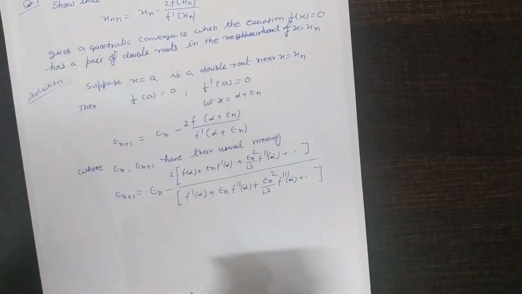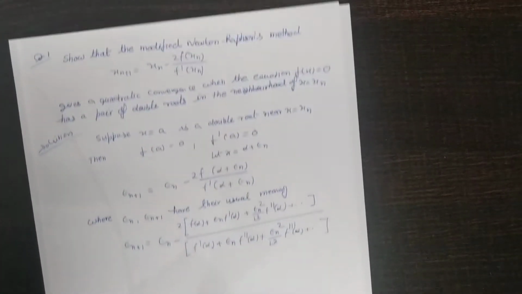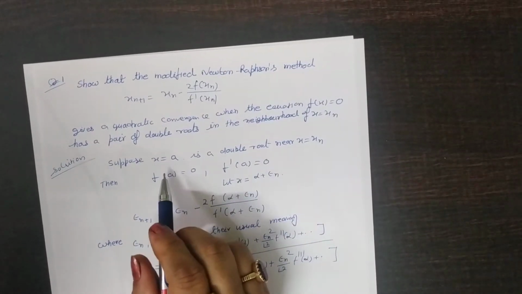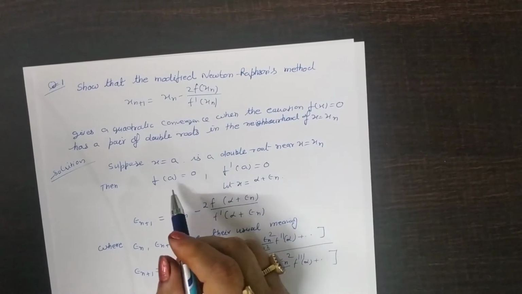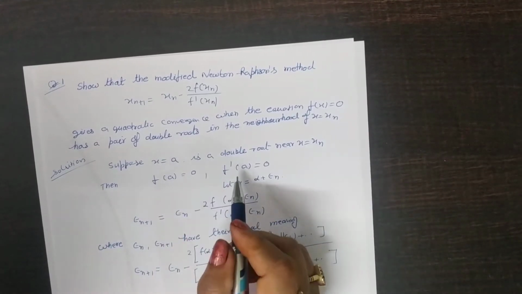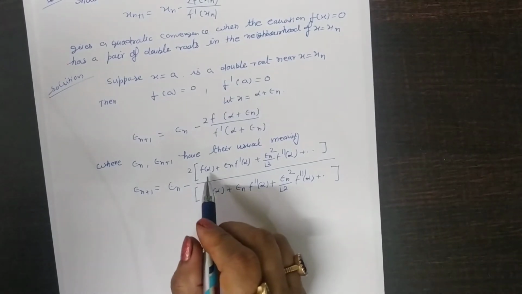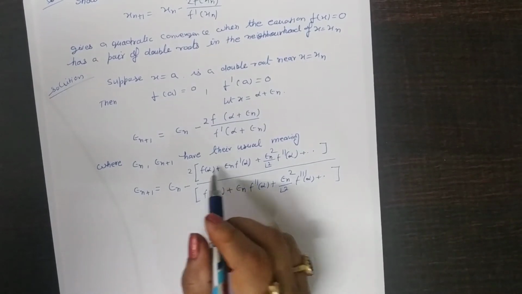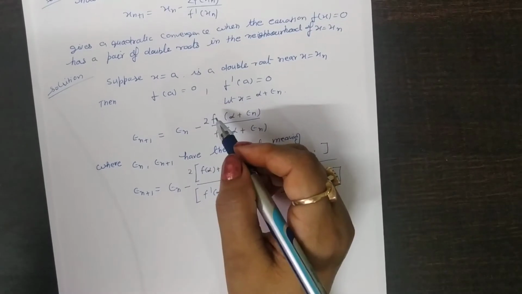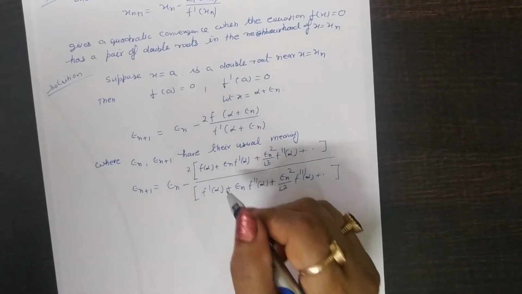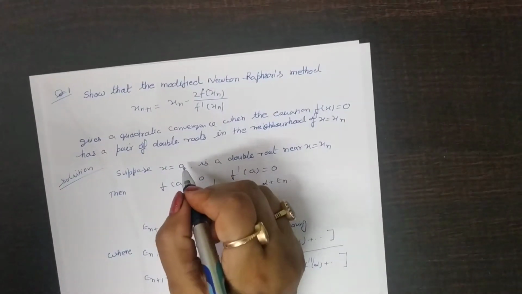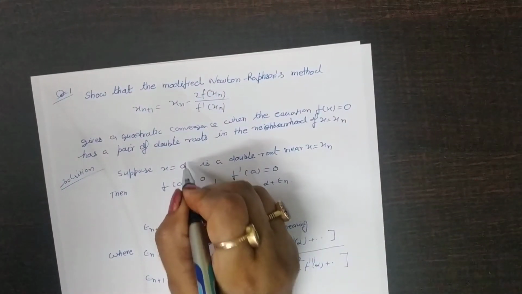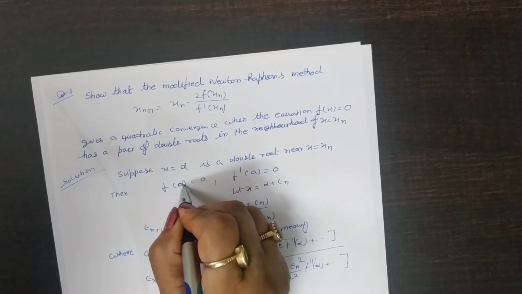Yes, clear? Now, as given, x = a is the double root near the point x(n), so f(a) = 0 and f'(a) = 0. Here we choose the root as alpha, so let this also be alpha, and here also alpha.